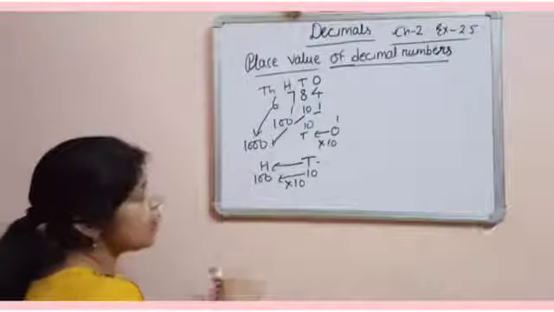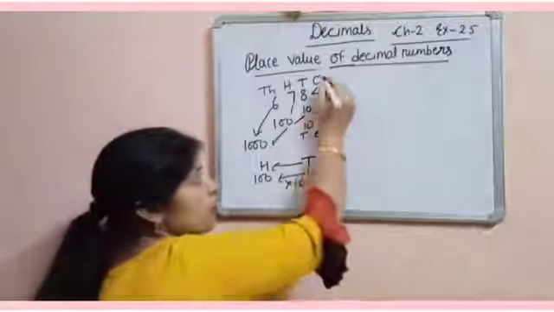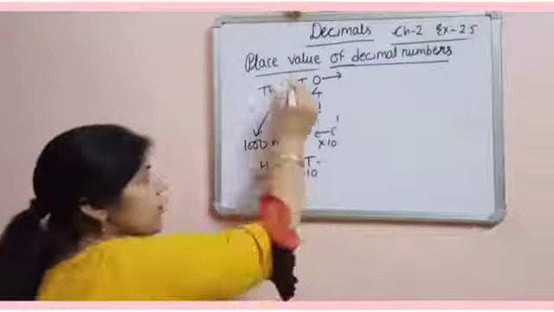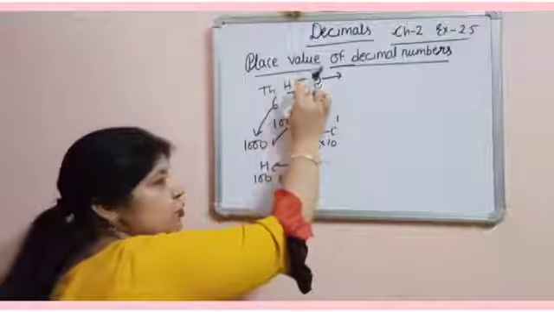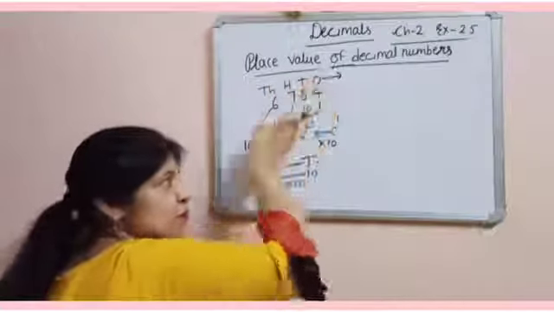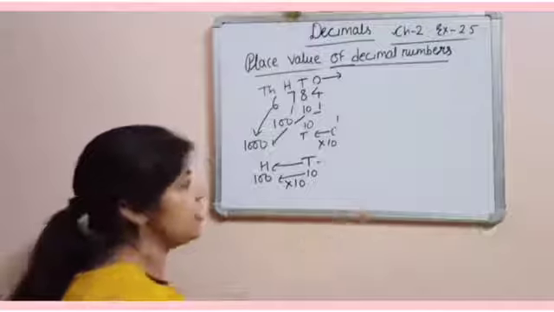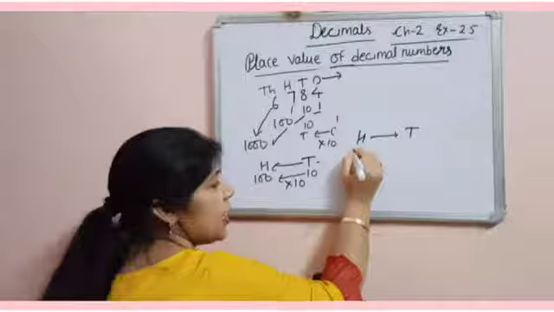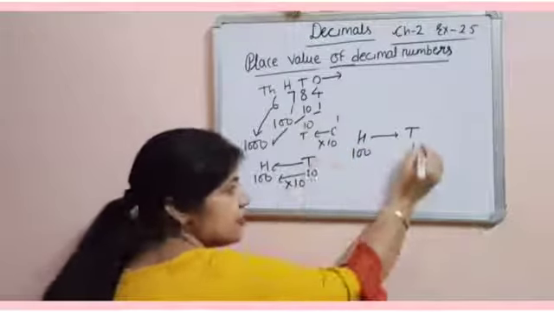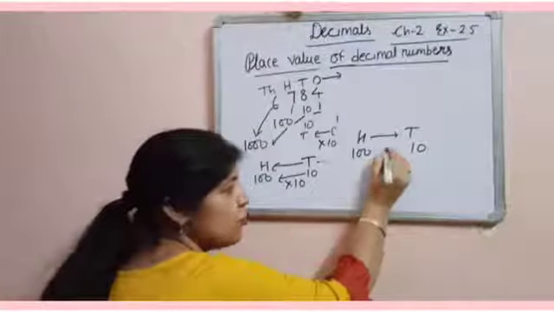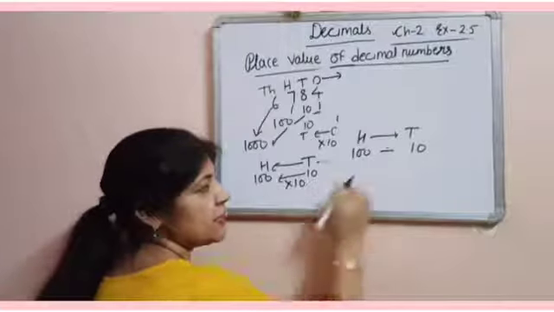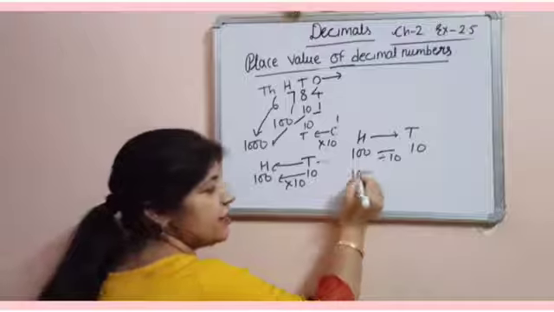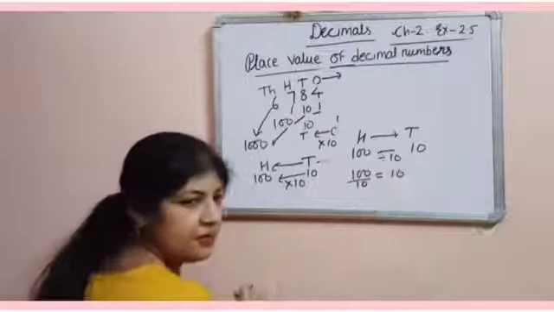Now when you move from 1's position towards the right, or from 100 to 10's, 10's to 1's, meaning moving towards the right hand side, the value decreases by 10 times. 100 divided by 10 is 10.